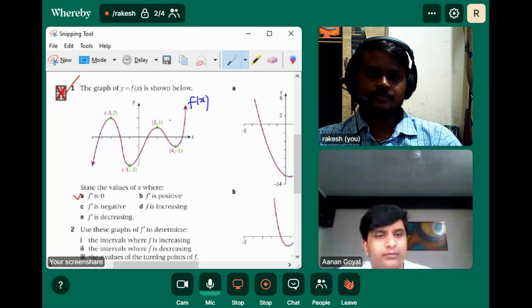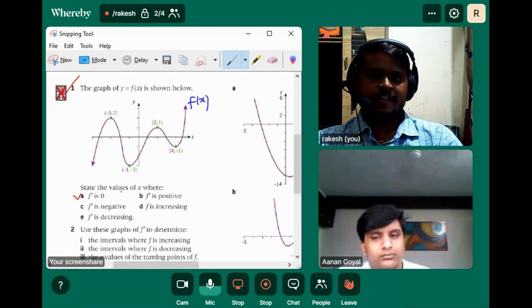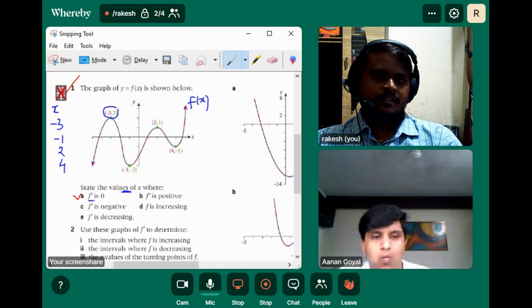There would be four values, right? State the values of x where f dash is 0. So all the stationary points or all the turning points. So this is one of the points. We have to mention the x values. It means -3, -1, 2, and 4. So these are the x values where the gradient is 0, right?